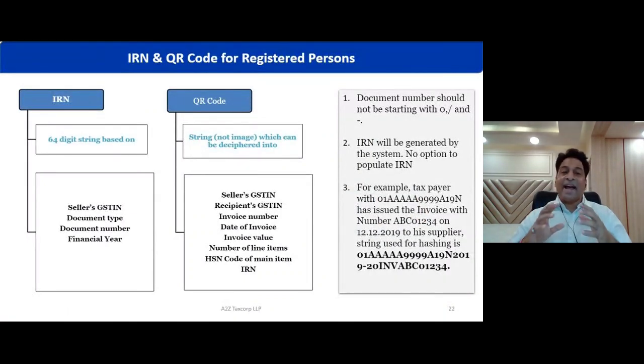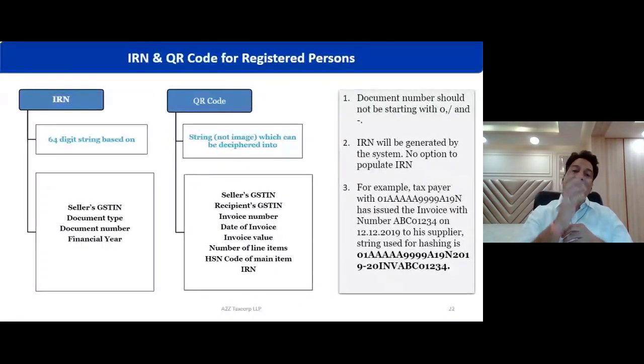Going forward, now the specifics of IRN and QR code for the registered person. As I said, the IRN would be a 64-digit string-based hash, which is generated from the GST number of the seller, document type, document number, and financial year. This is the combination used for creating the 64-character alphanumeric string hash. The QR code is a string, not an image.